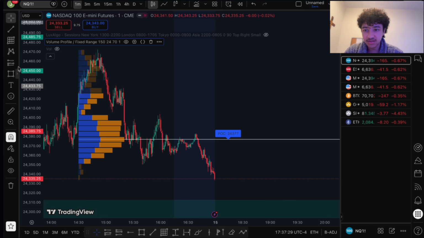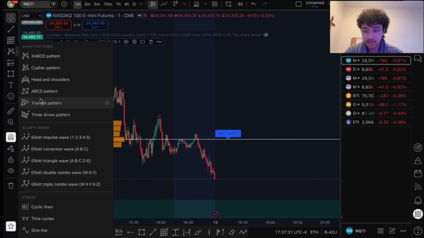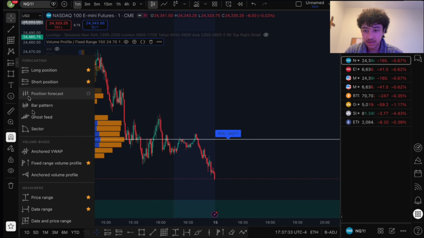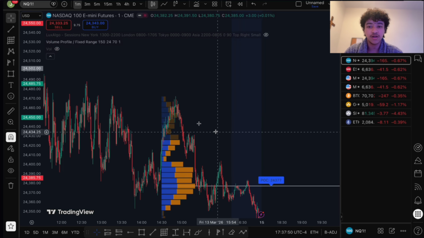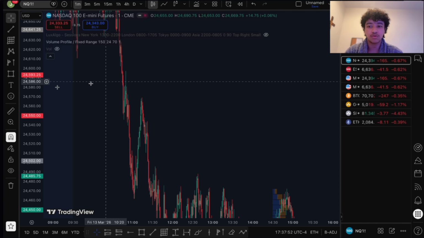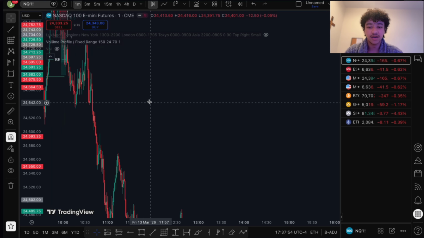I believe it's right here in the forecasting section. If you look down all the way to volume base, you have fixed range volume indicator. I can just use it whenever, and this is a very useful tool. So first we're gonna go on to what is a volume profile.